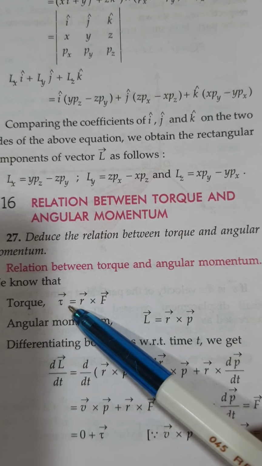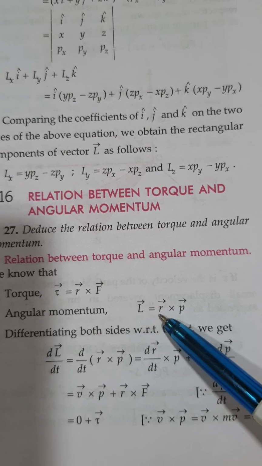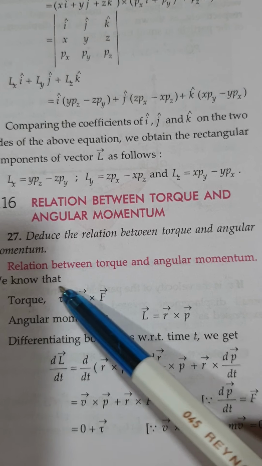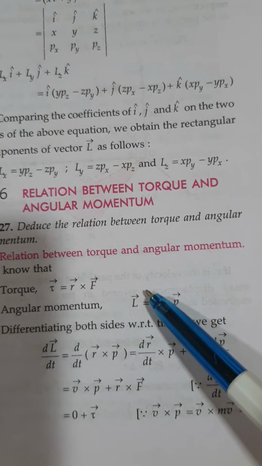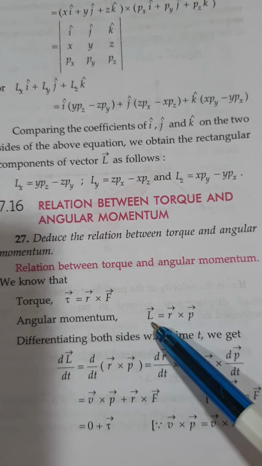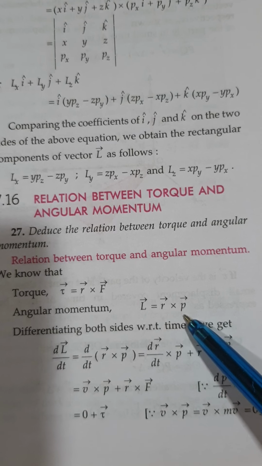We know torque is r cross f, angular momentum is r cross p. See, torque in rotational motion, force in linear motion, L angular momentum in rotational motion, p linear momentum.